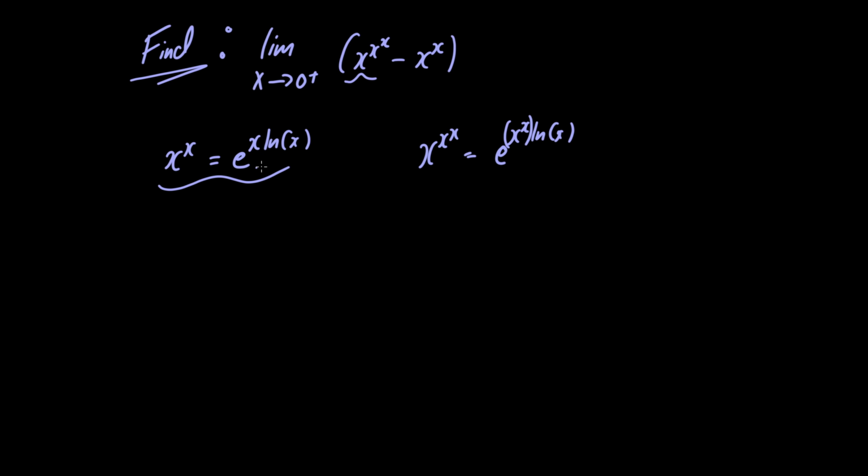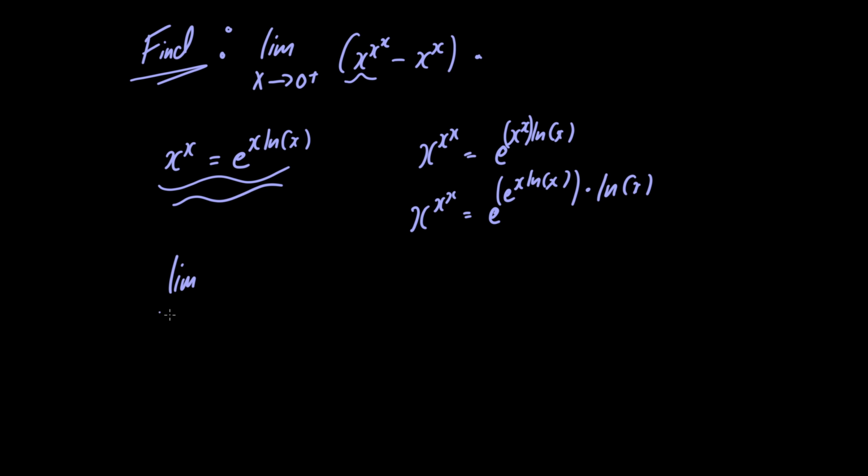Now we have x raised to x raised to x is equal to e raised to x multiplied by the natural logarithm of x, and this is all multiplied by the natural logarithm of x. So let's go ahead and rewrite this limit using what we have here.